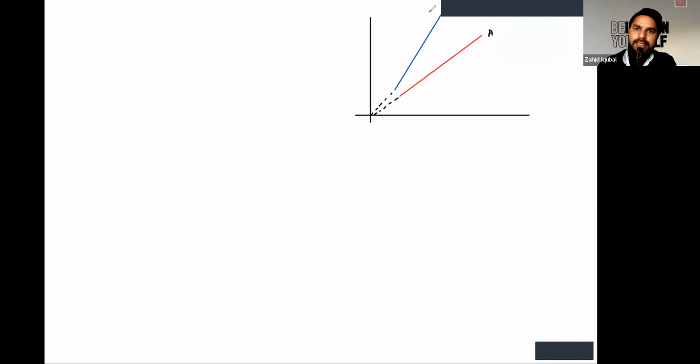Let's say this is A and this is B, pressure, volume versus temperature. You will be asked to define the relation between pressure for A and B. Define the relation between PA and PB.